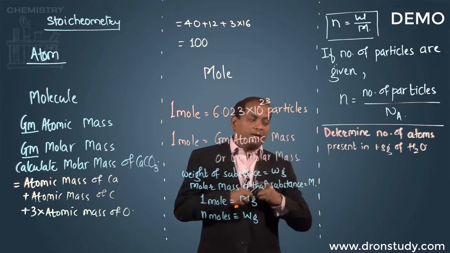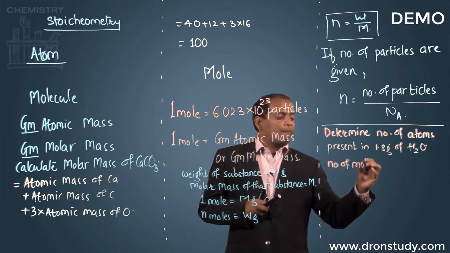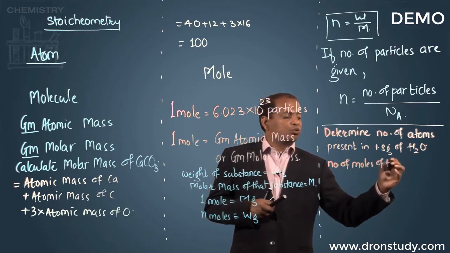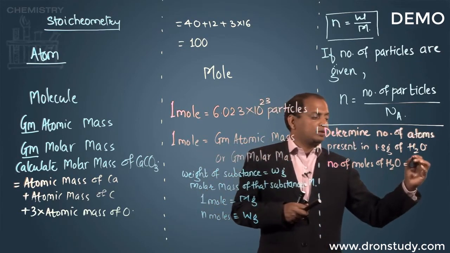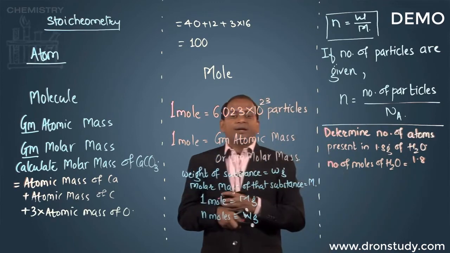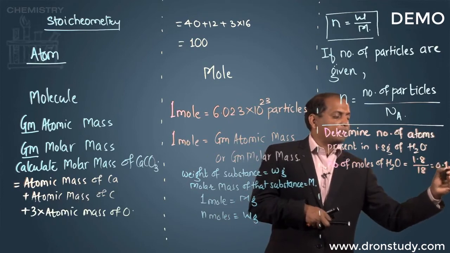How can we determine that? Let us consider the number of moles of H2O is equal to the weight of H2O, that is 1.8, divided by the molar mass, that is 18. So how much is it? 0.1 moles.